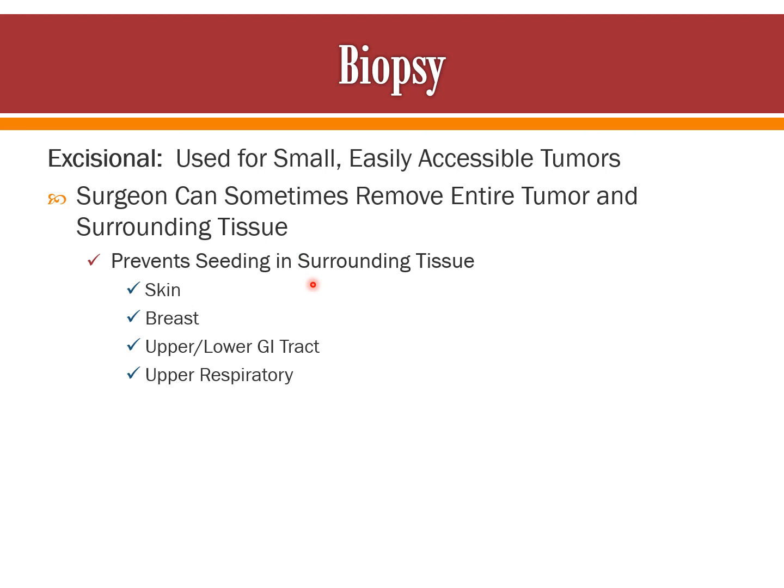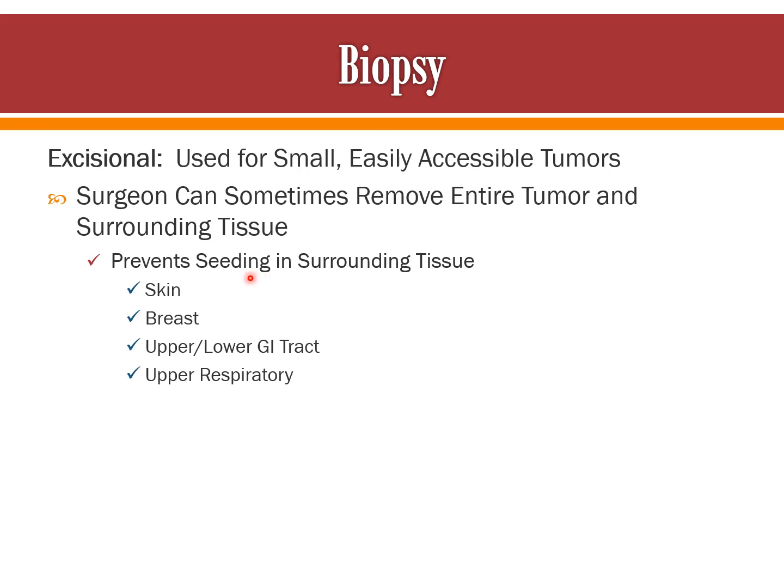And the whole point of doing this type of biopsy is that we're trying to prevent seeding in surrounding tissue. So seeding essentially is just like planting, right? You have seeds and you throw them into your land. Well, they go everywhere, they spread, so you get a bigger crop. Same exact thing here.